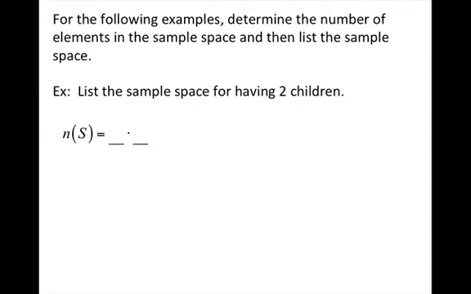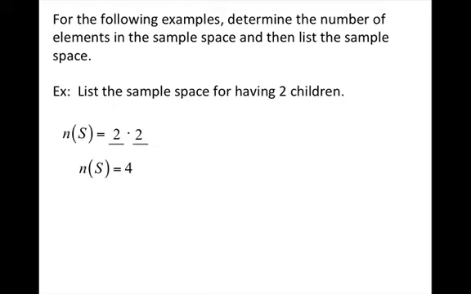With the first child, there's 2 outcomes. It could be a boy or a girl. So I'm going to put 2. For the second child, I have 2 outcomes as well, the boy or a girl. Well, these are independent, so I'm going to use the multiplication principle that we looked at in a previous lesson. And I'm going to multiply these, so the number of elements in my sample space should be 4.